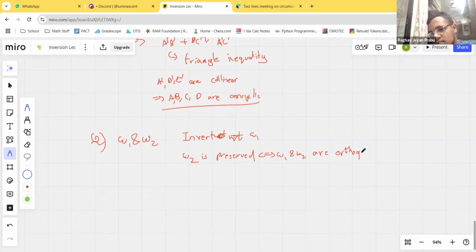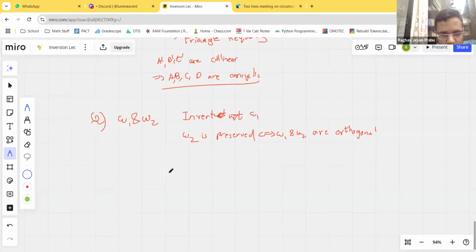I'll explain what this orthogonal means. You can think of it as follows. If my circles are omega 1 and omega 2 with centers C1 and C2, and let the intersection points be A and B, then essentially C1A is tangent to omega 2 and C2A is tangent to omega 1.